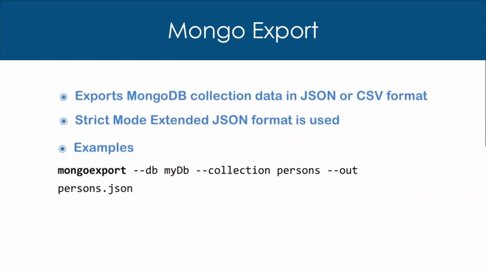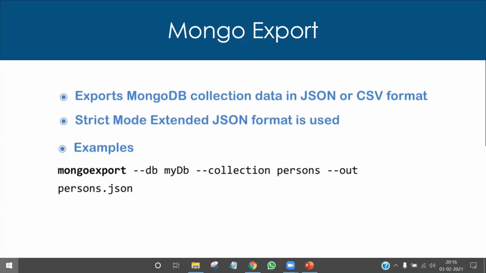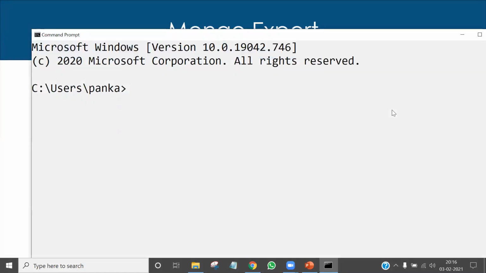Okay, let's implement this mongoexport feature. For that I'm going to open CMD. We are already having our CRUD database, and in that CRUD database we have a student collection. So I'm trying to export that student collection in a JSON file. For that we use mongoexport.